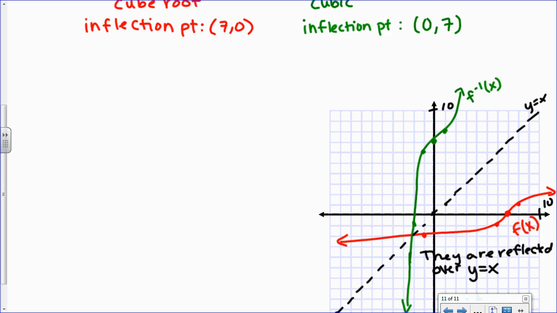So they're reflected over that line, y equals x. Remember, lines of reflection are like lines where you would fold. So if you folded this graph in half based on this line, then the graphs would overlap.